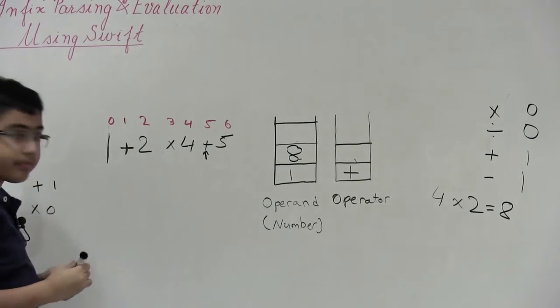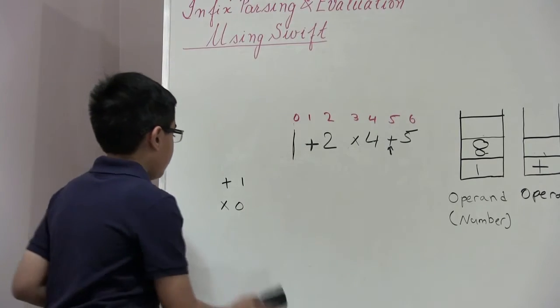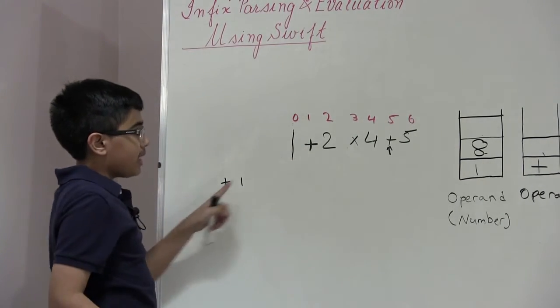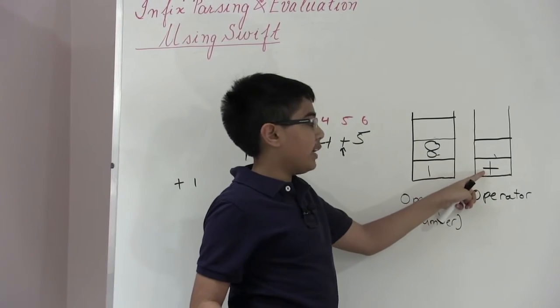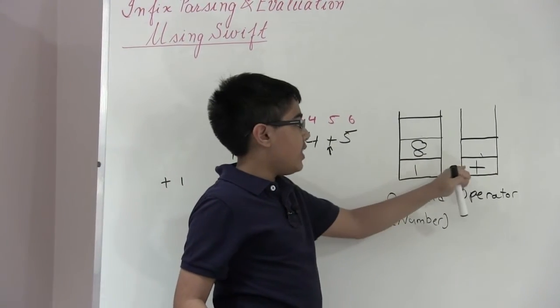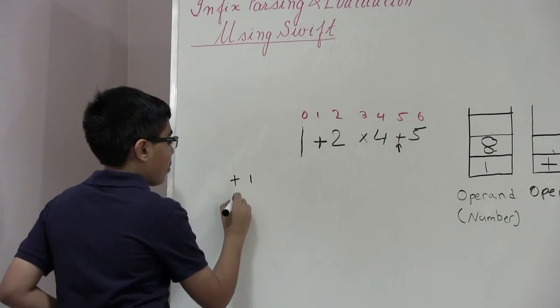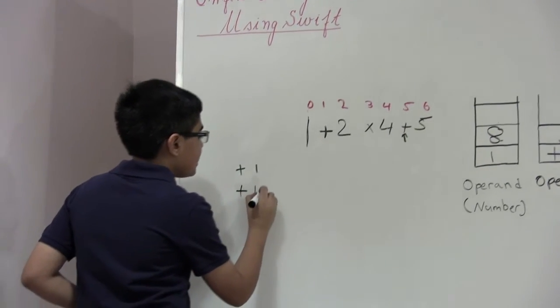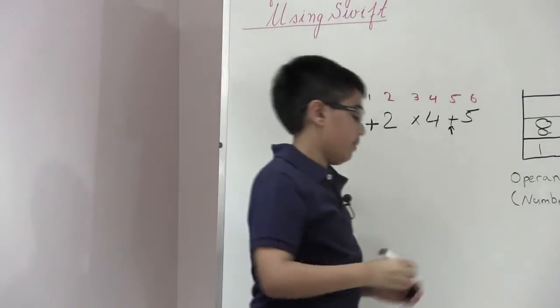Perfect. Now, I'm not going to erase this, because we're still on this, as there's still something in our operator stack. This actually has the same priority, because plus and plus both have a priority of 1. So this is equal to 1, which means that we will still pop out and add.